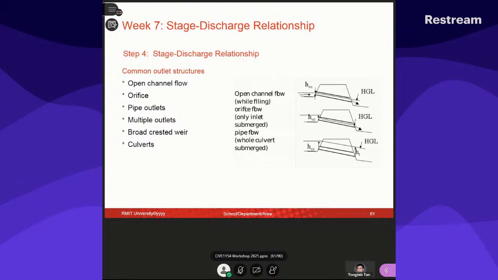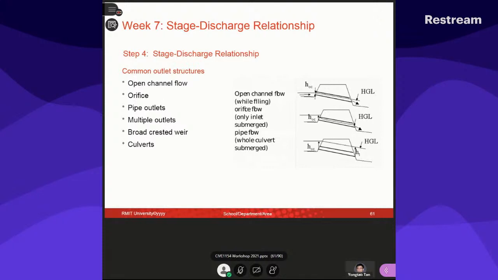This slide is showing the difference between the open channel, orifice and pipe.